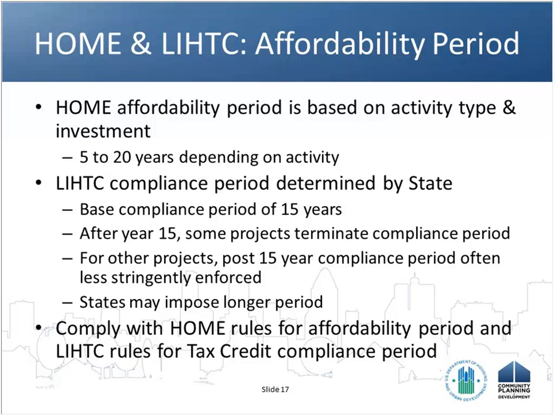So if you are working with a property that included both HOME and low-income housing tax credits, keep in mind that you need to comply with both of those requirements.